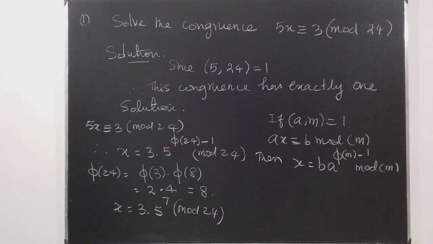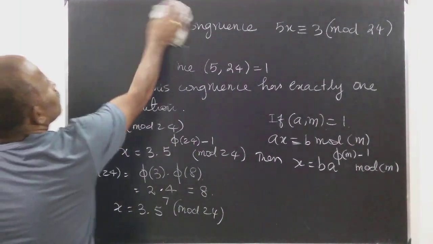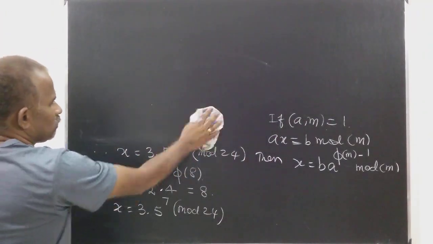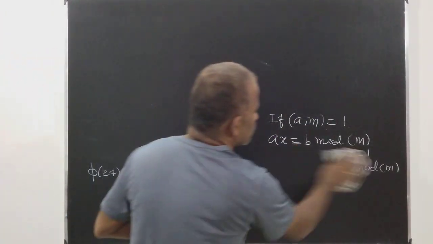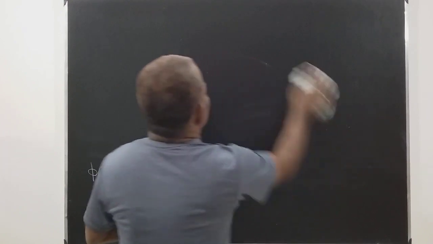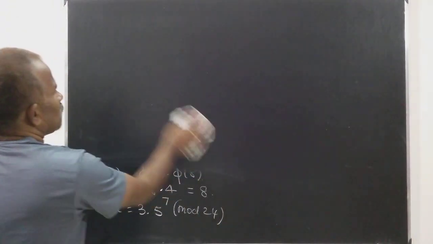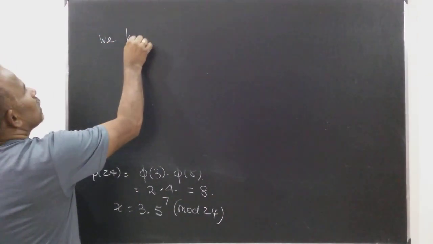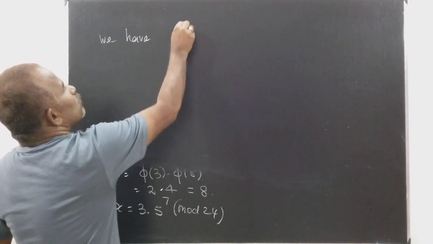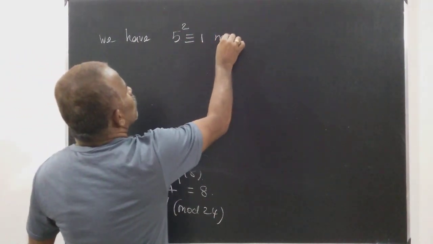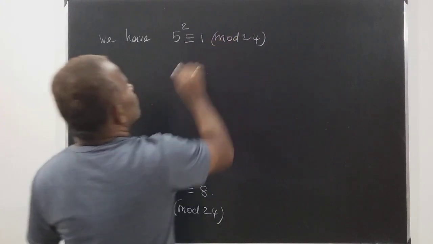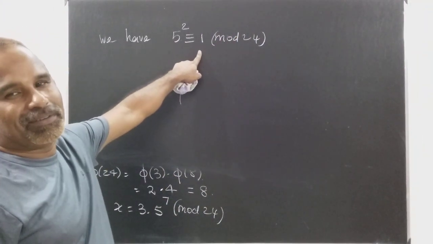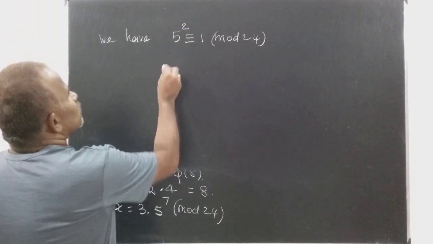Now 24 divides 5 squared minus 1, so 5 squared is congruent to 1 mod 24.